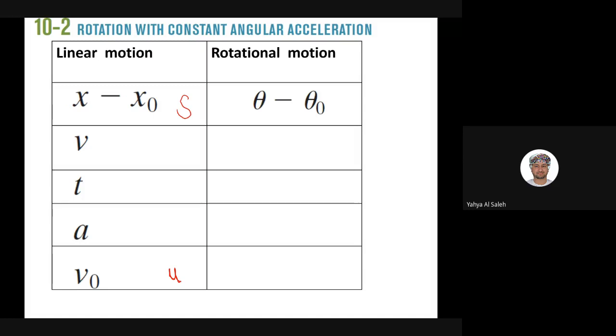Actually, no, call it delta theta. Omega instead of V, T is still T, alpha instead of A, and omega naught instead of V naught or U. Different, but the same. I'll give you a minute, write this down on a piece of paper because we're going to be using it extensively in the upcoming slides.